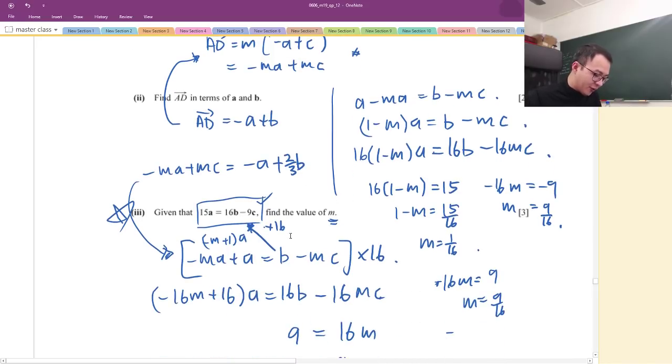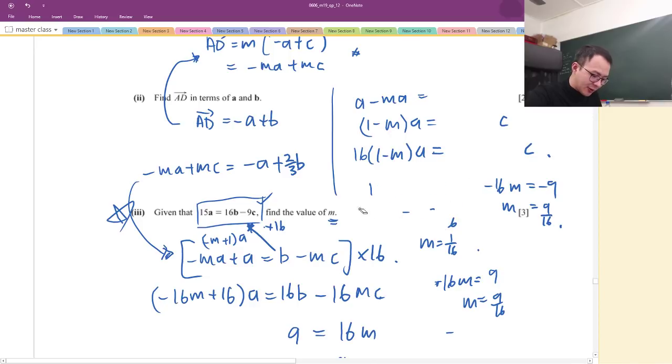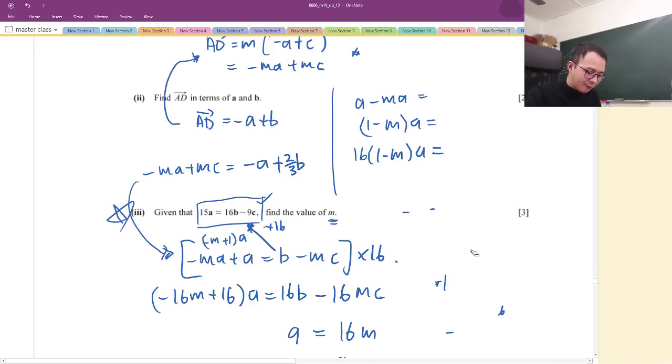So therefore, when I do the multiplication here, this one should be 2 over 3 here. So this one should be 2 over 3b and then minus mc.